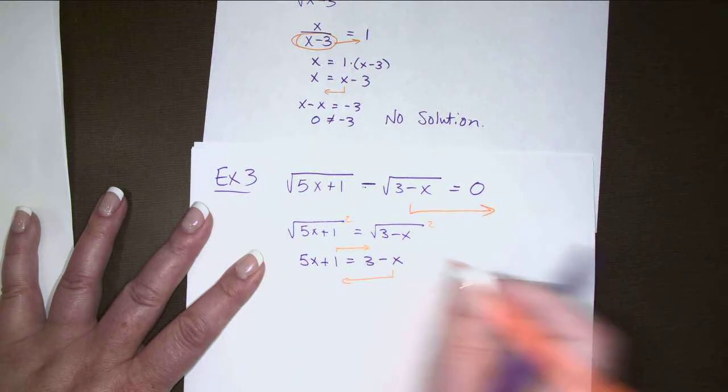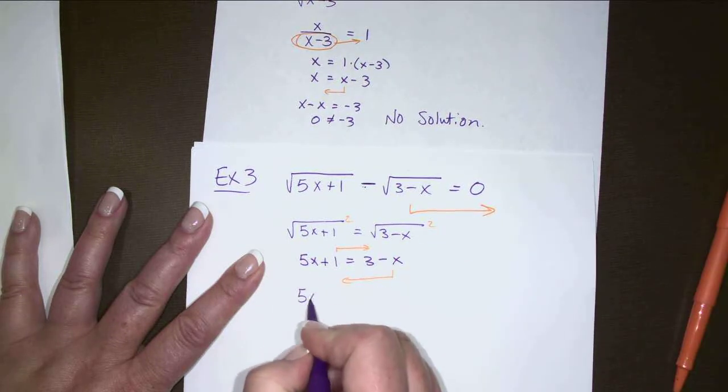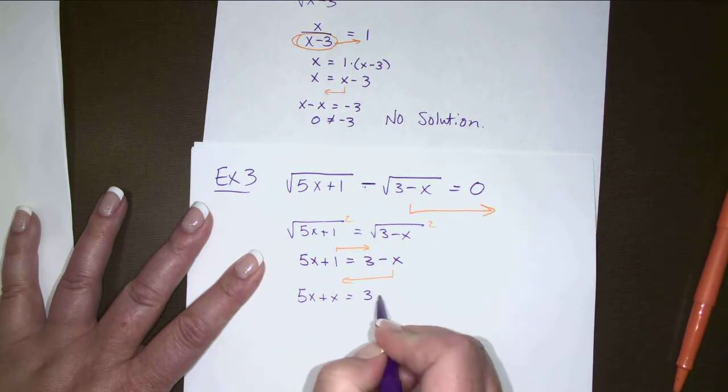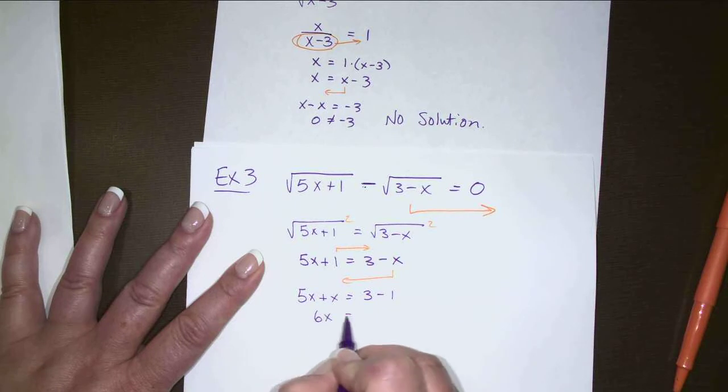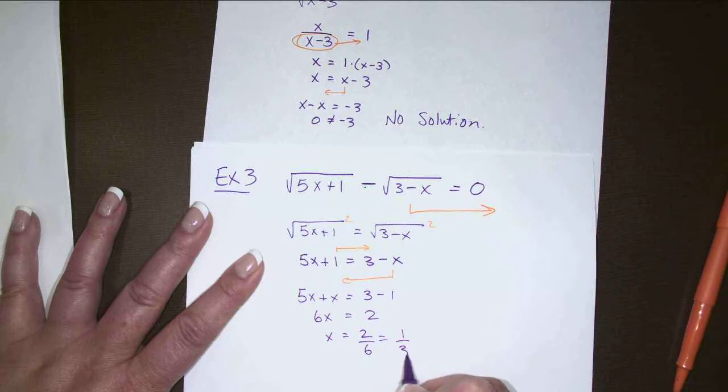Move the x and move the 1. 5x stays plus x. 3 stays minus 1. 2 over 6, which can reduce to 1/3.